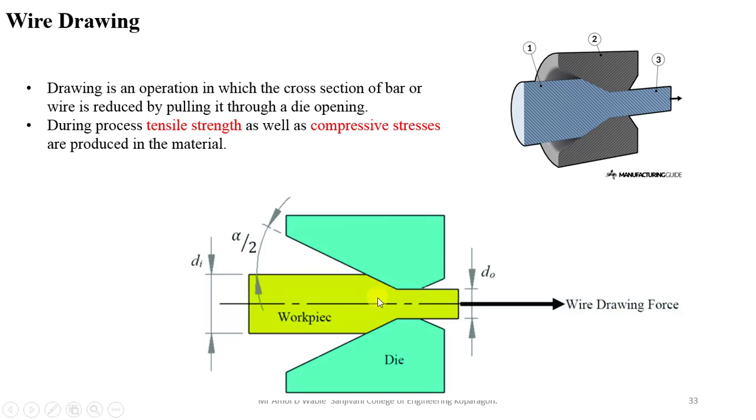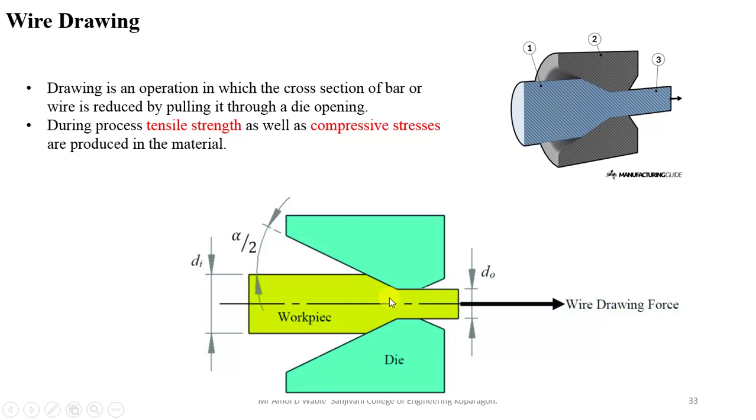Initially, this is the initial diameter and this is the final diameter. The initial diameter will be made smaller on a lathe and will be inserted through this die first.